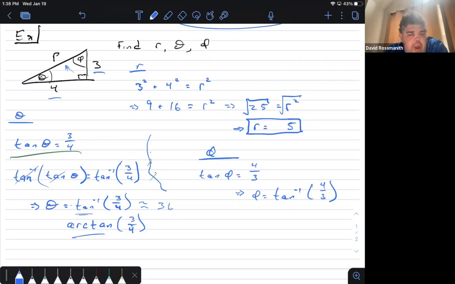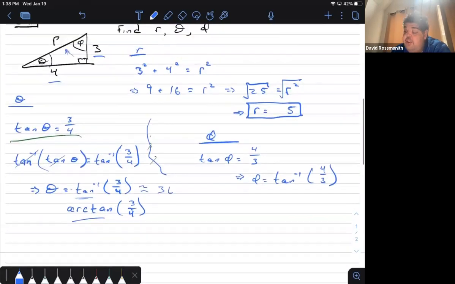There's a second way of doing this, though, and that is one more relationship I didn't say, but this relationship is true of all triangles, not just right triangles. This relationship says that if you add up all 3 angles in a triangle, you will always get 180 degrees.